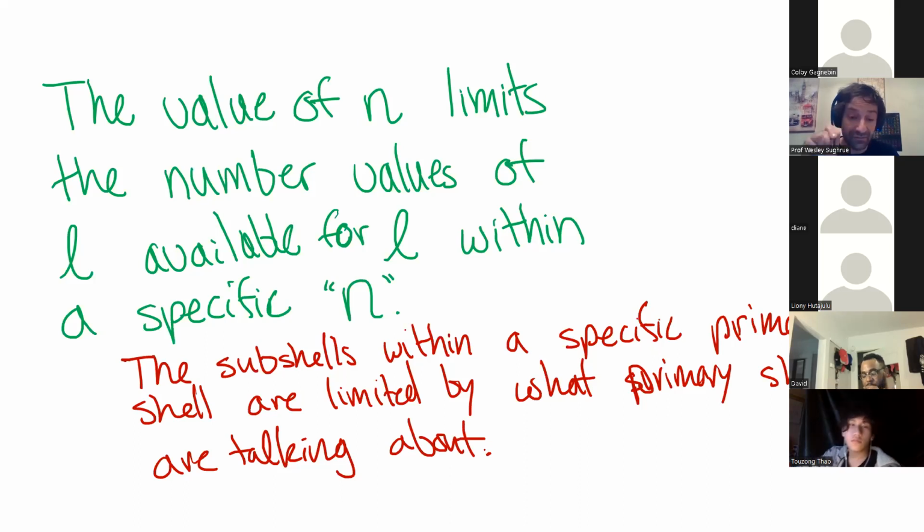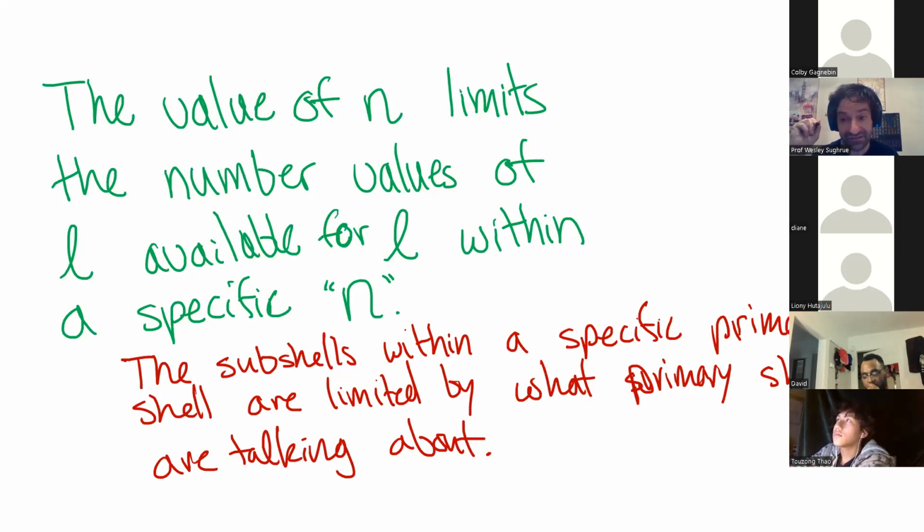So the subshells within a specific primary shell are limited by what primary shell you are talking about. The value of n limits the number values of L available for L within a specific n.